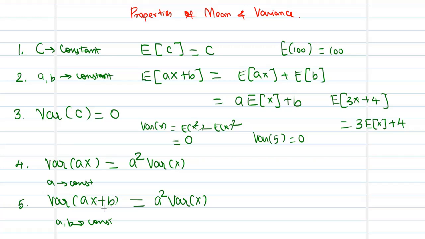And B is a constant, and we know the variance of a constant is 0, so this will be plus 0. So it just returns A square times the variance of x. So when we have problems, whether it is a discrete random variable or a continuous random variable, we can apply these properties effectively to get the values for mean and variance.